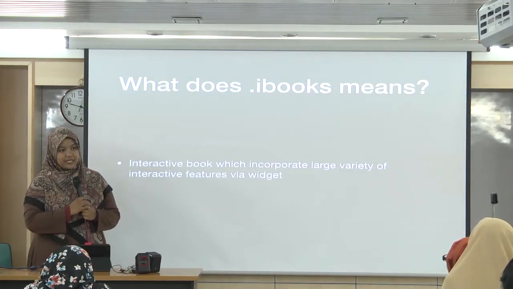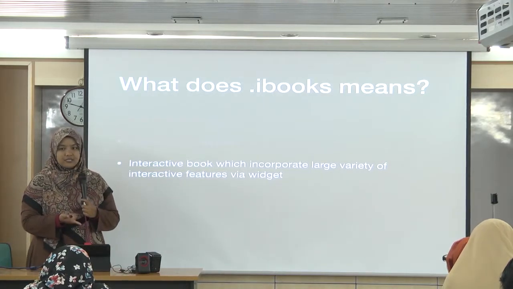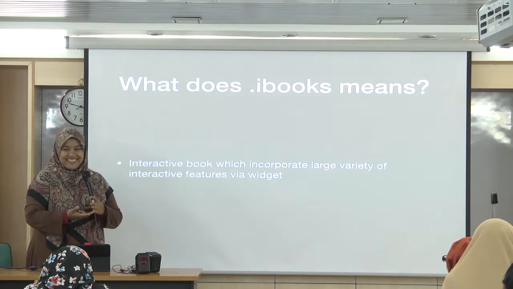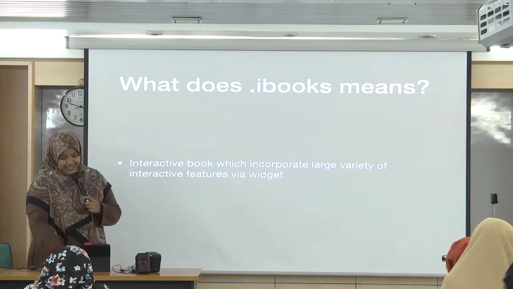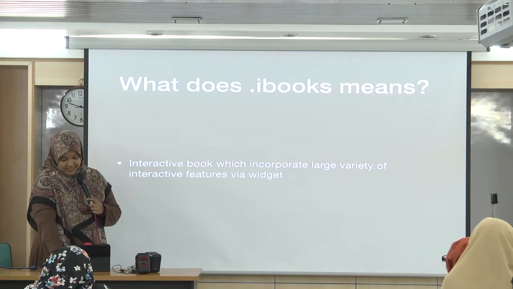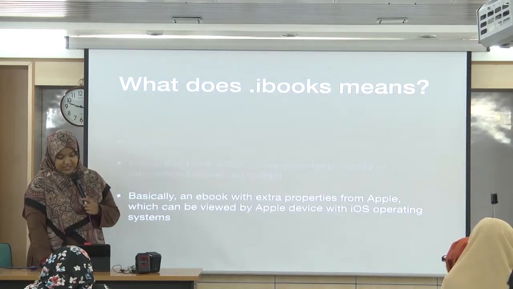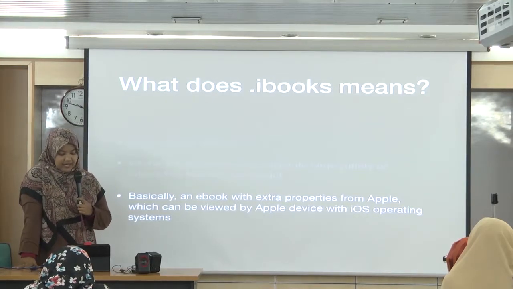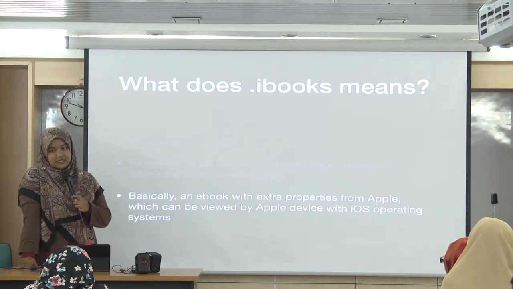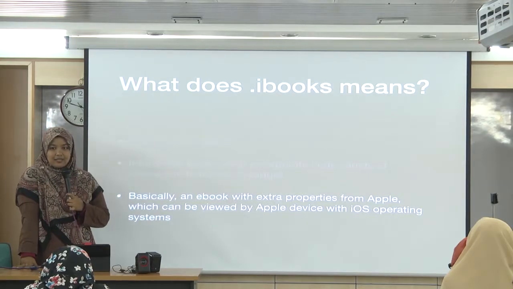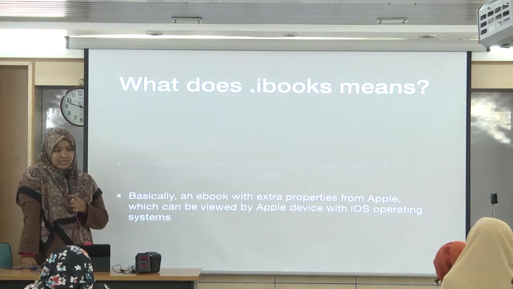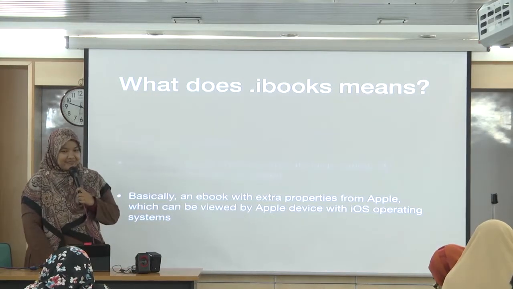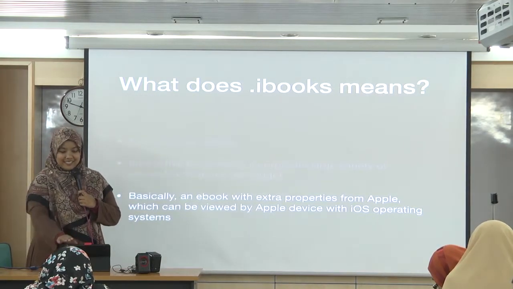Widgets can be glossary, pictures, calculators for math, and a lot of questions. Basically an ebook with extra properties from Apple, which can be viewed only on Apple devices with iOS operating systems. So you are encouraged to get Apple products. Even I don't have Apple products yet. This is Intec's property.